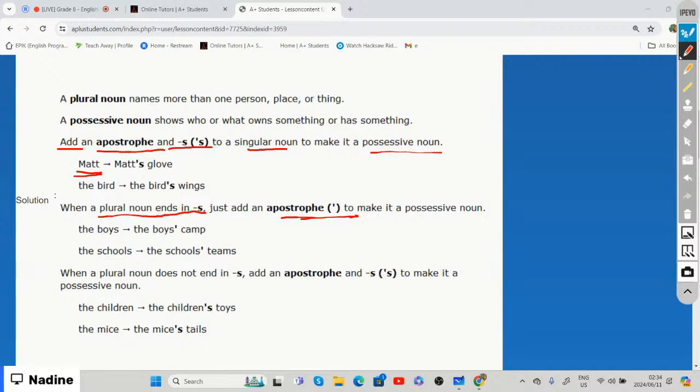And we want to say something that he or she owns, then we can say it is Matt's gloves, and we put our apostrophe and our S. It shows whose gloves it is. The same with the bird. What belongs to the bird? Then we can say it is the bird's wings. So if we are referring to the wings of the bird, we say it is the bird's wings.